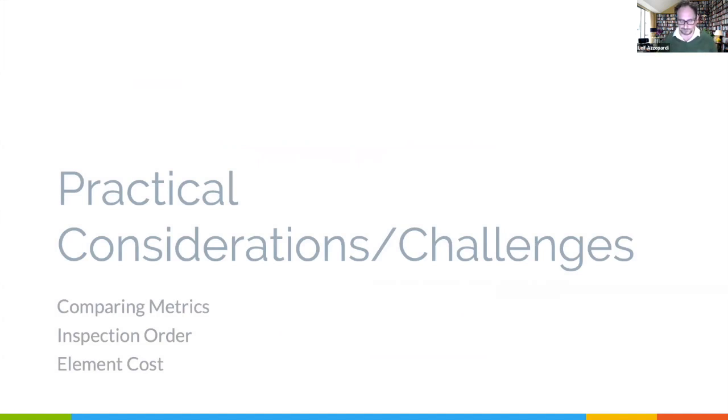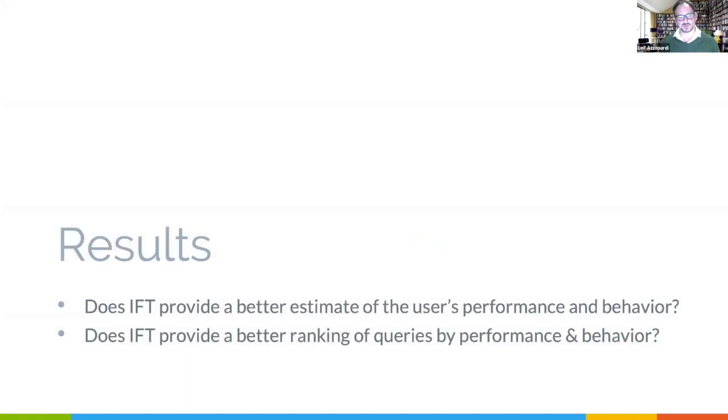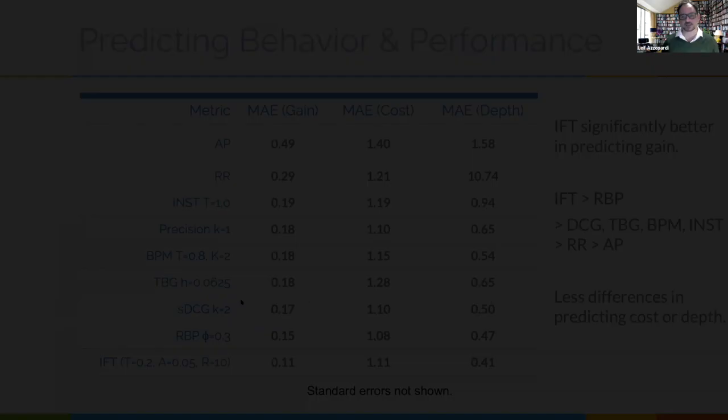But what's nice from the framework is that we can measure, so I'll skip over the methods, and say, does the information foraging theory actually work in practice? You can look at the paper to see the methodology about how we did the measurements.